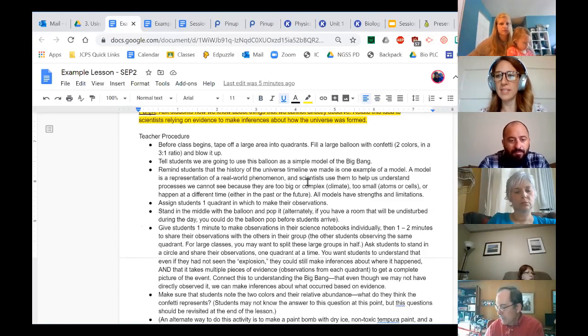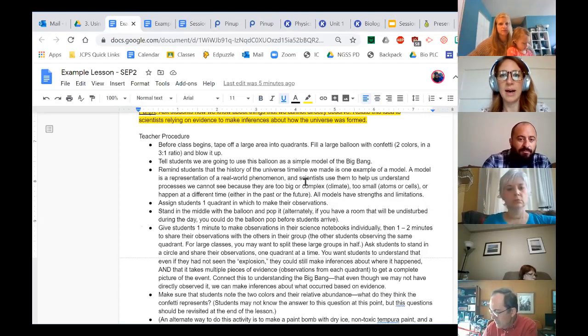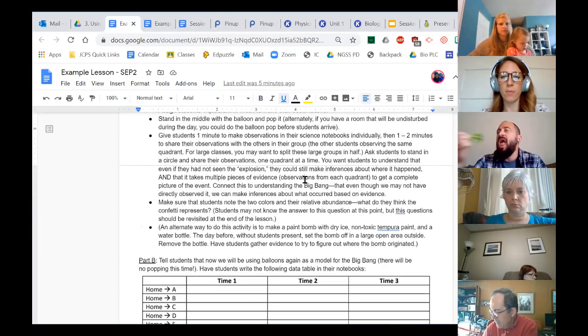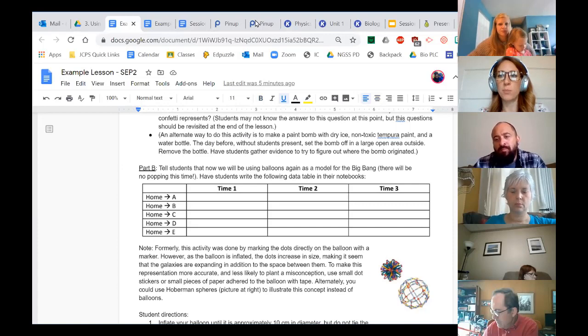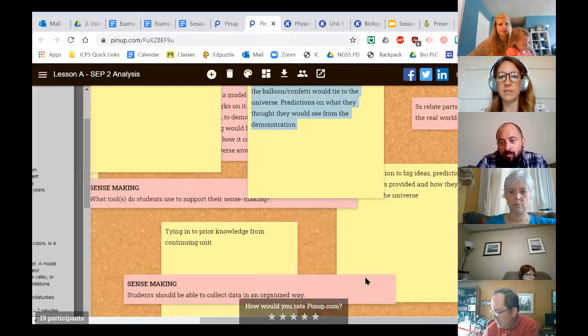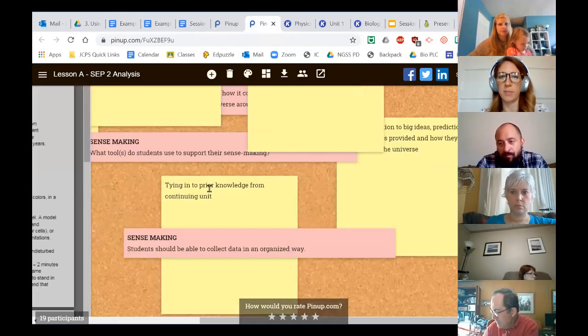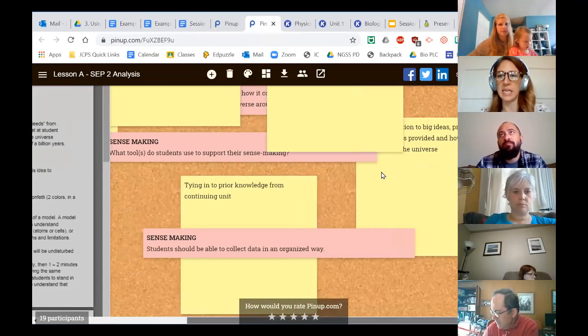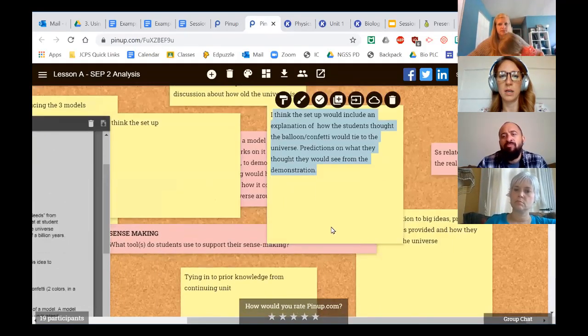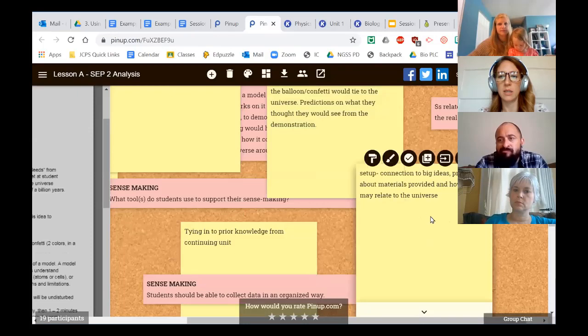So then they run this activity, and while they're running the activity, I want you to look for what supports there are to help with students' sense making. If we look at this pinup, which got a little bit messy, let's see.